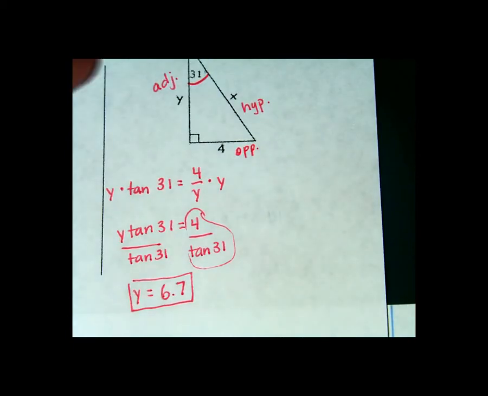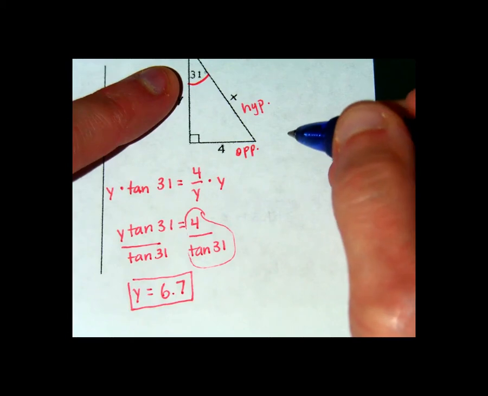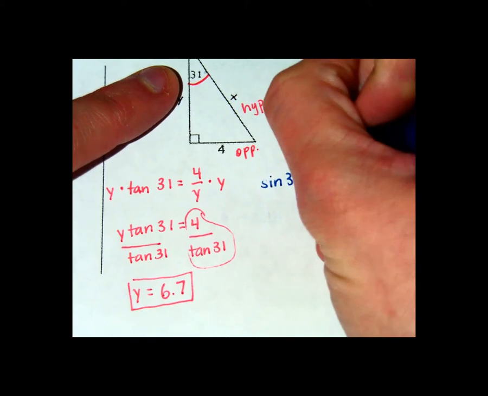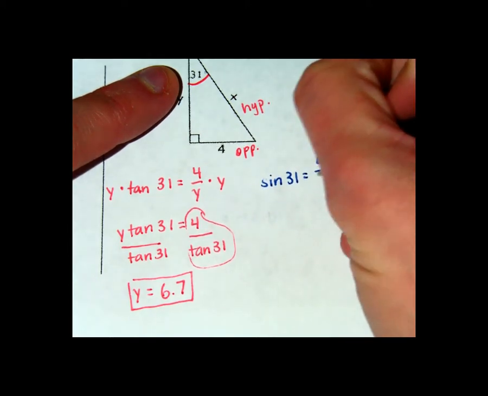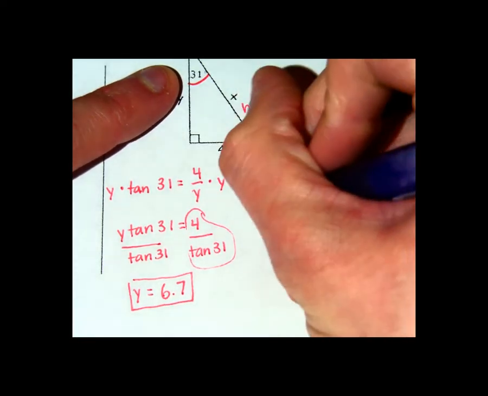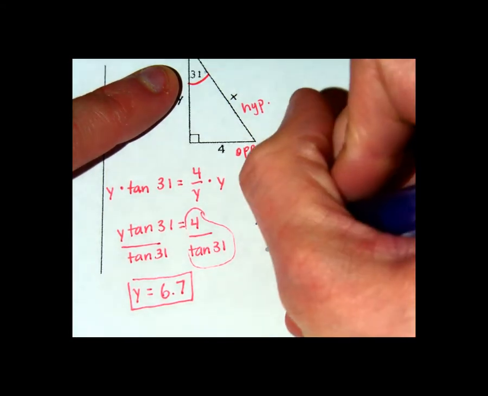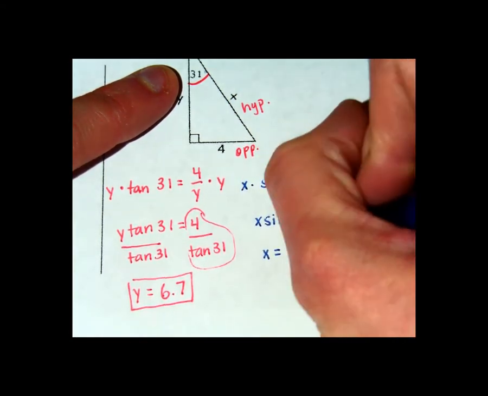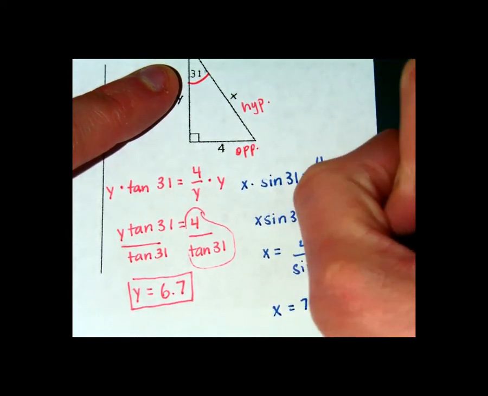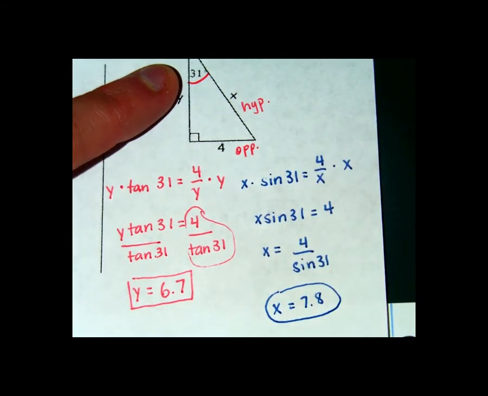We need to find x. Alright, again, we have 4. Which ratio is opposite and hypotenuse? So sine of 31 equals 4 over x. So x times sine of 31 equals 4. What did you type in? Which gives you, what did you do?